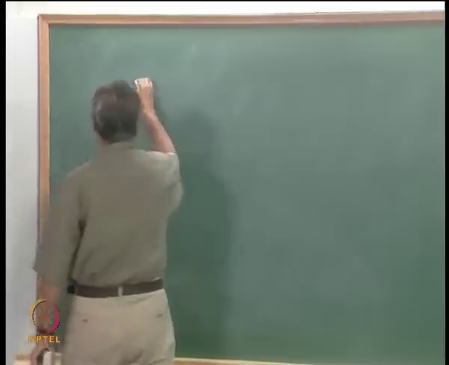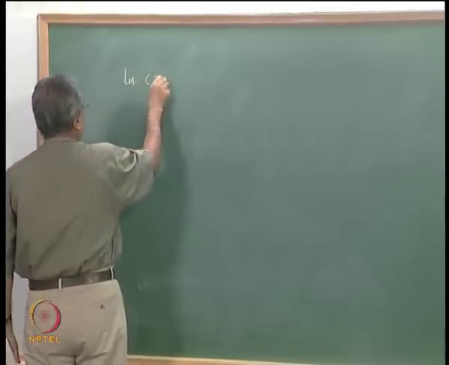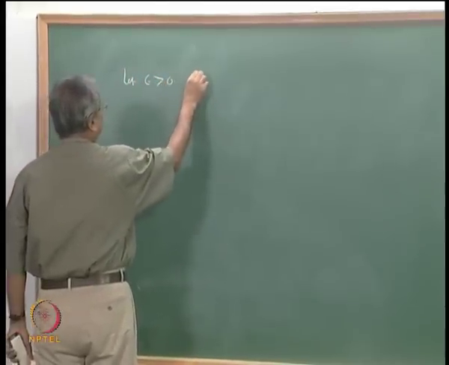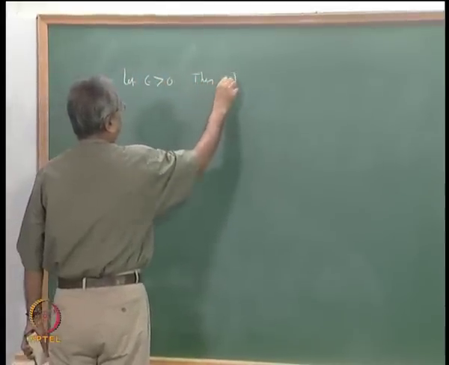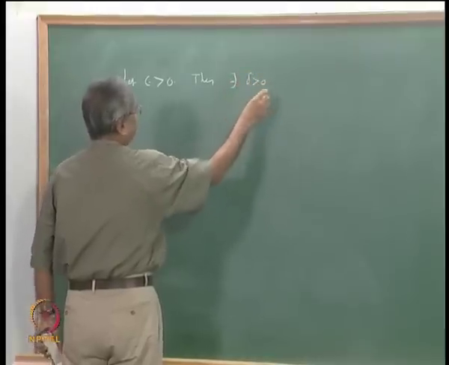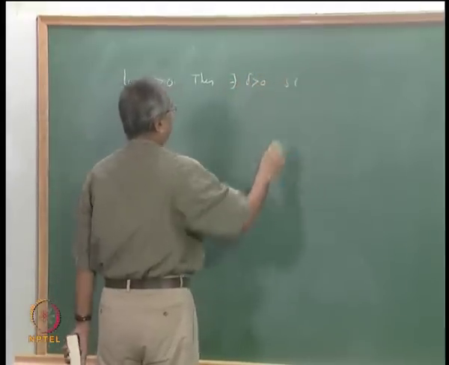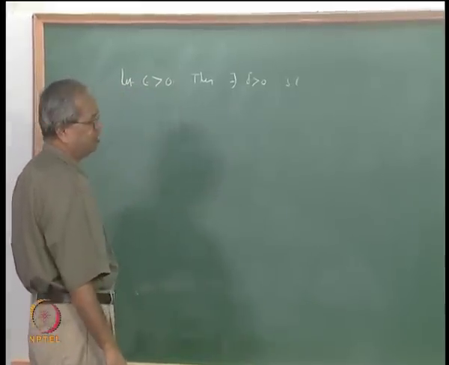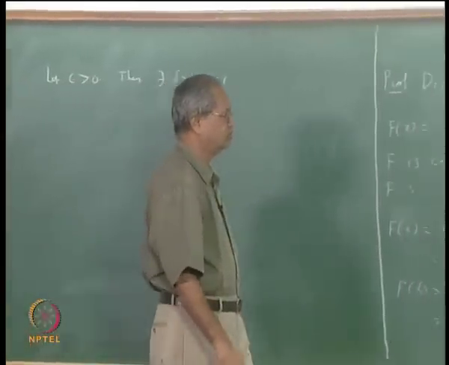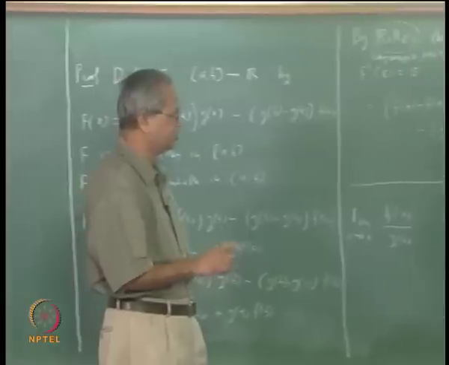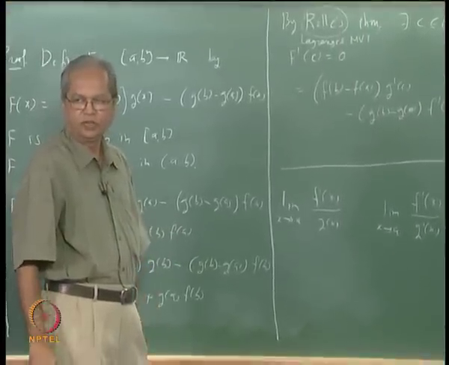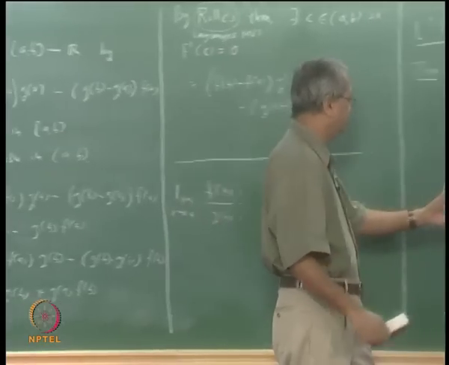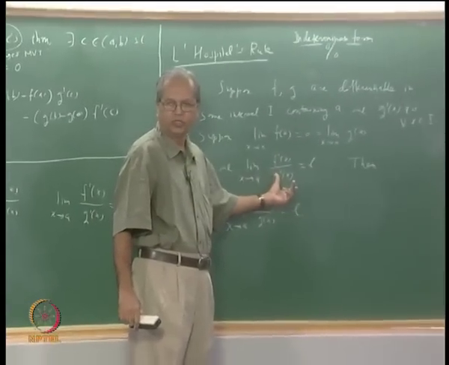Let epsilon bigger than 0 be given, then there exists delta bigger than 0 such that whenever mod x minus a is less than delta, the difference should be less than epsilon.